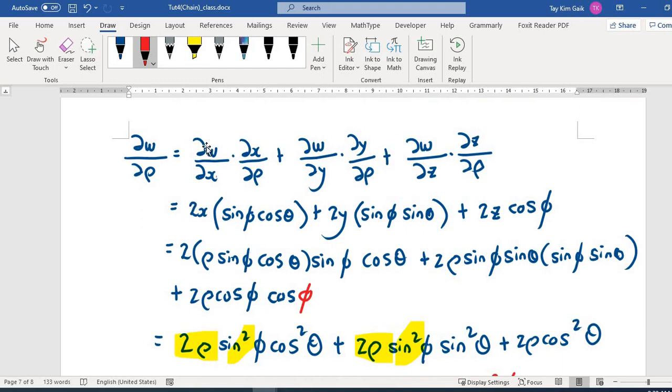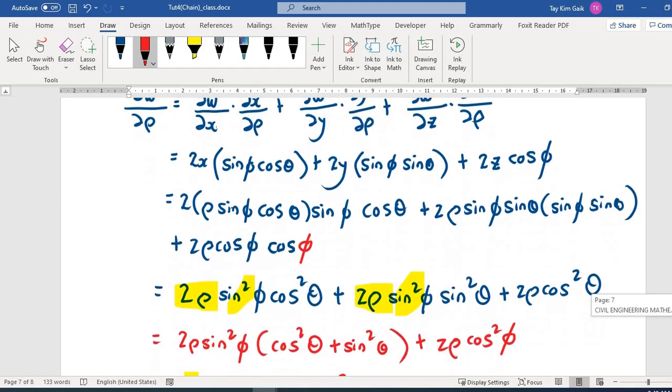If not, we plug in del W del x is 2x, del W del y is 2y, del W del z is 2z. Del x del rho is sin phi cos theta, del y del rho is sin phi sin theta, del z del rho is cos phi. Then plug back in: x is rho sin phi cos theta, y is rho sin phi sin theta, z is rho cos phi.